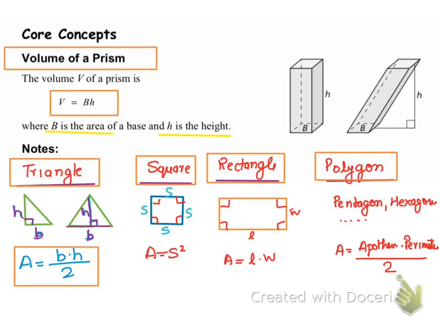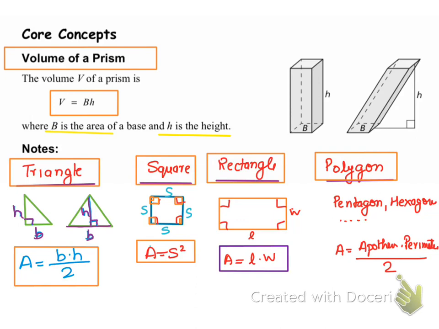Now what if it is a square? That's very easy. Square means all sides are congruent, and the angles are 90 degrees like this. So our area would be side squared. What if it is a rectangle? In that case we have length and width, all angles are 90 degrees but two different sides. So area will be length times width.